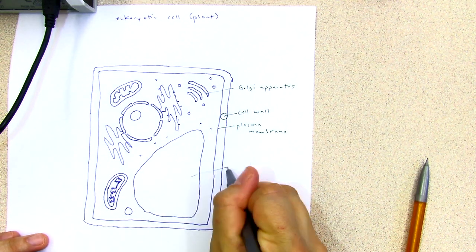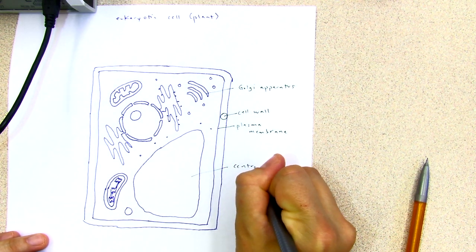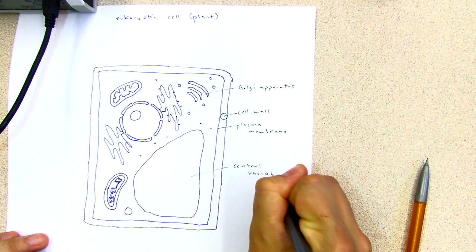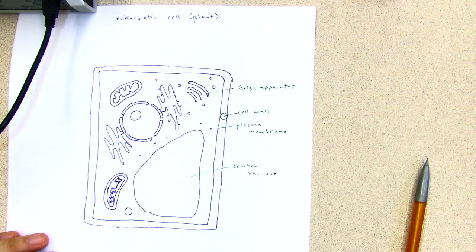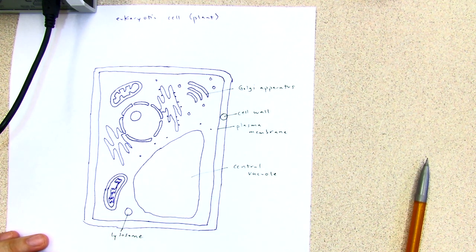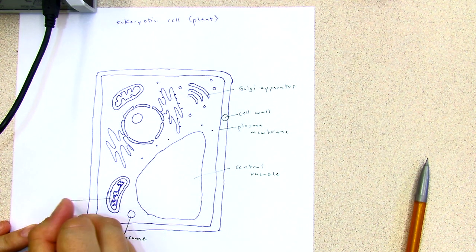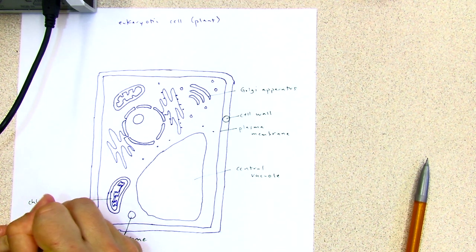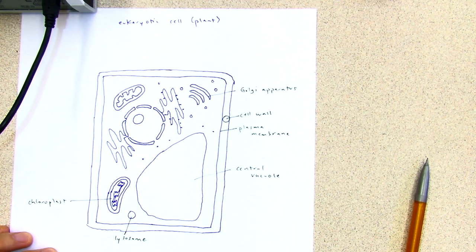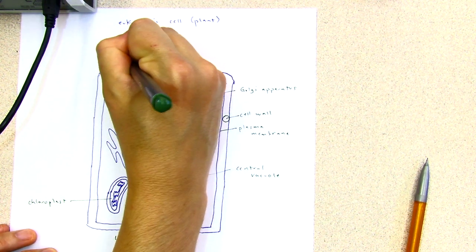This is the central vacuole, full of water to keep the cell rigid. We have a lysosome, which is full of digestive enzymes. We have our good friend, the chloroplast. We have one mitochondrion.